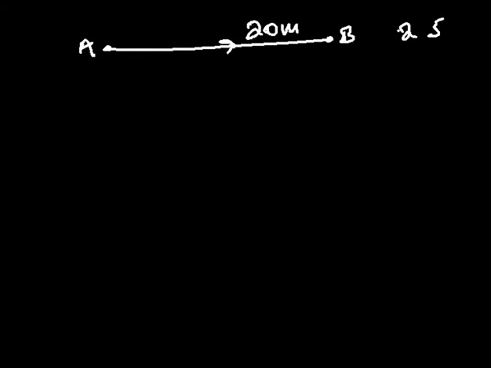And what can you say about the displacement? Displacement, which we'll call s, corresponds to the difference between the final position and the initial position. For this case, the initial position is 0, and the final position is 20 meters.